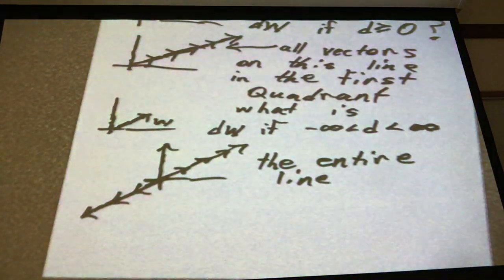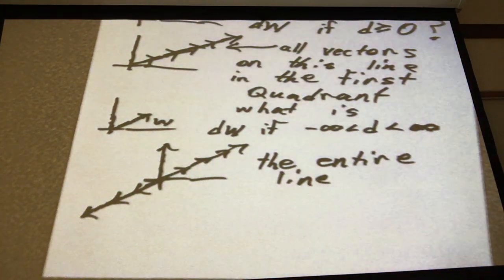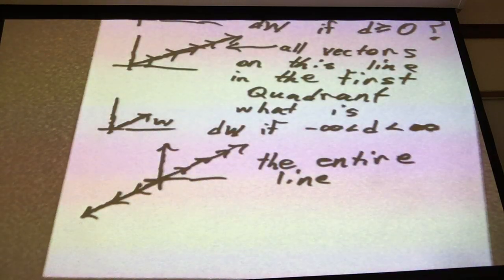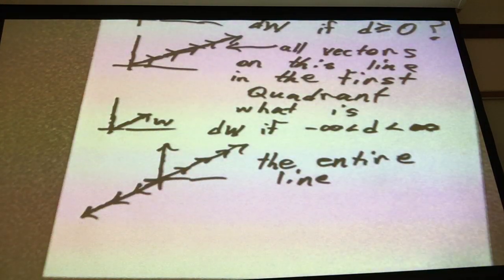Okay. So in general, when we talk about spanning sets, we will let D just be any real number.